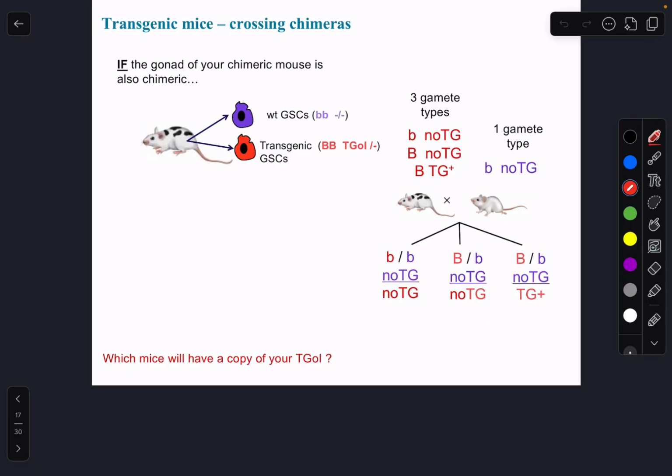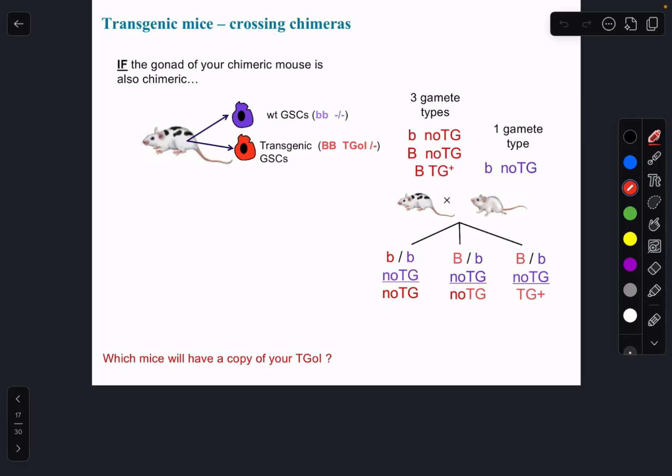That's all you can get from those cells because the ones that came from the white mice never had a transgene in them. There can be gametes that carry the dominant allele for fur color and no transgene. Those came from those gametes that did not inherit the transgene. They inherited the wild-type homologous chromosome.